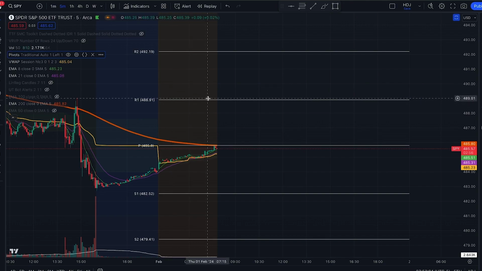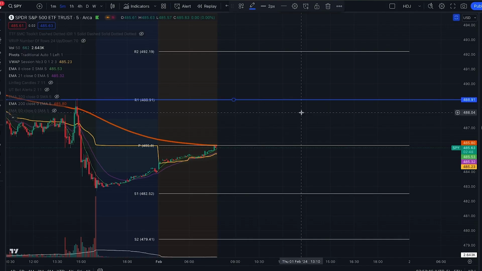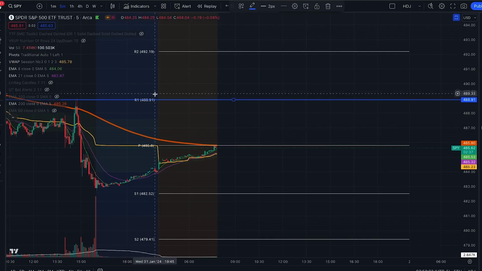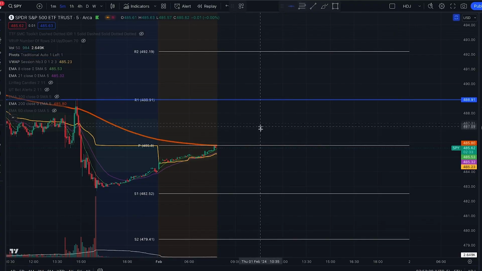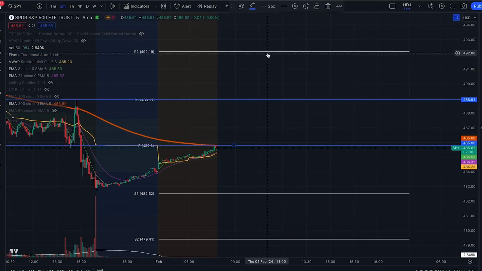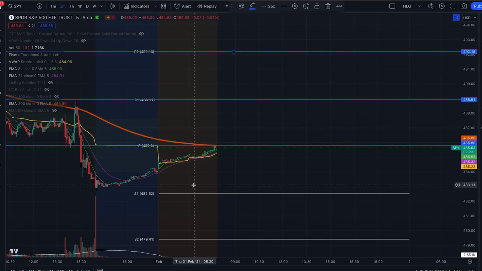And you can keep the pivots on throughout the day, or you can just go to your line tool and just make a line at the pivot. So you can do that as well. So let's say you want to make a couple lines. You want to make a few lines. You can do it again. So you can just mark each pivot like this.